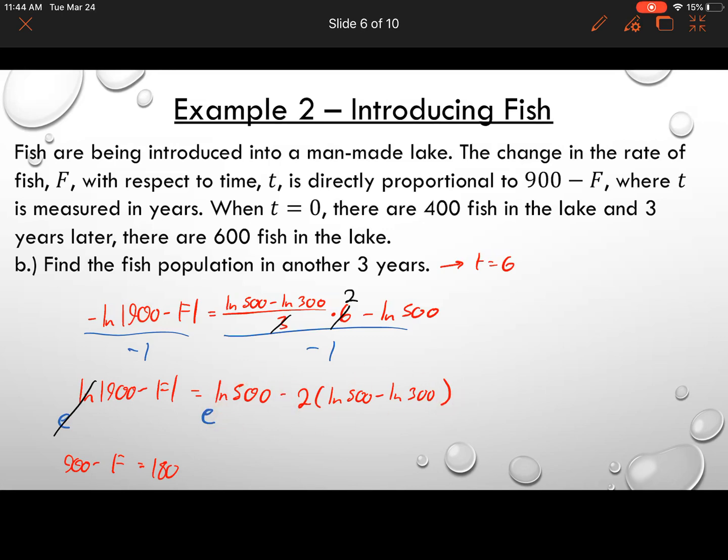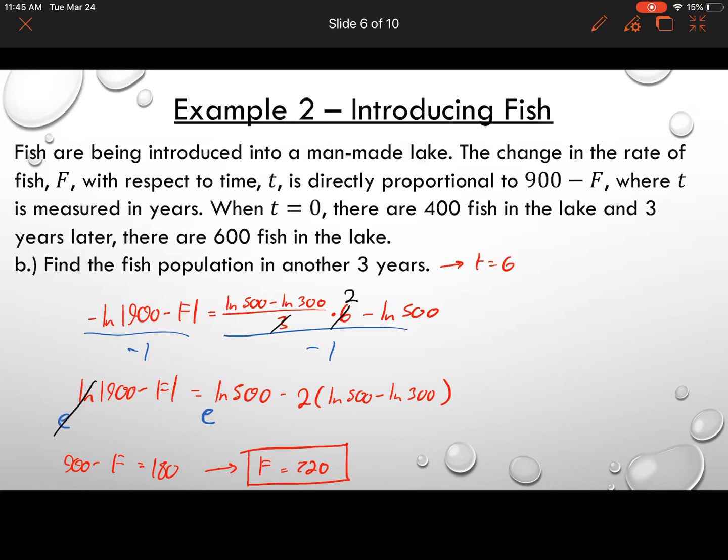But since you have a calculator in hand, we can just plug it in. So now, if 900 minus f has to equal 180, that means f has to be equal to 720. So the new population after 6 years is 720 fish.